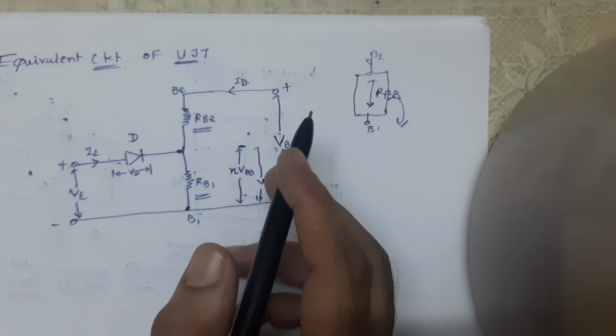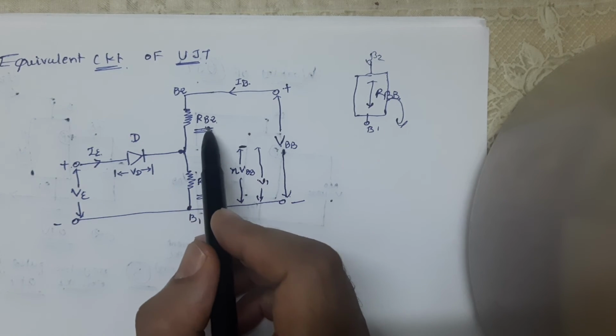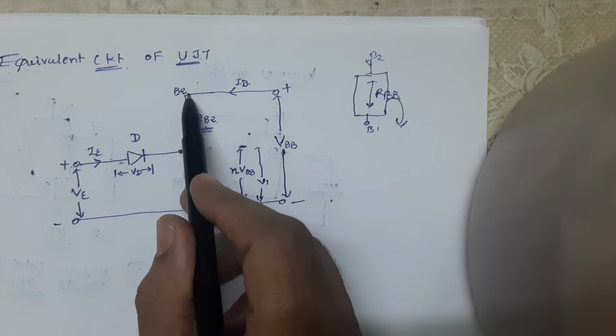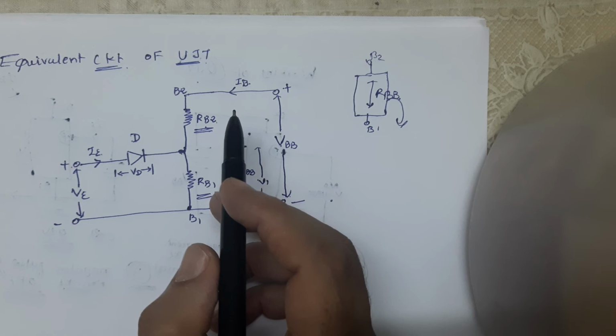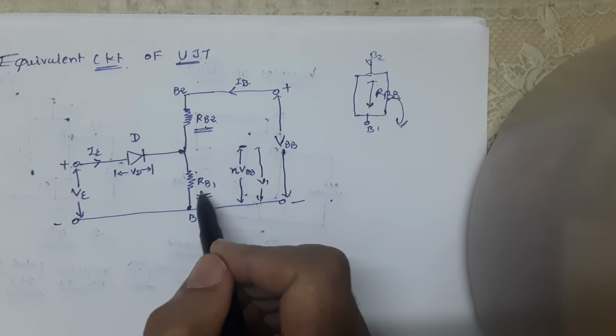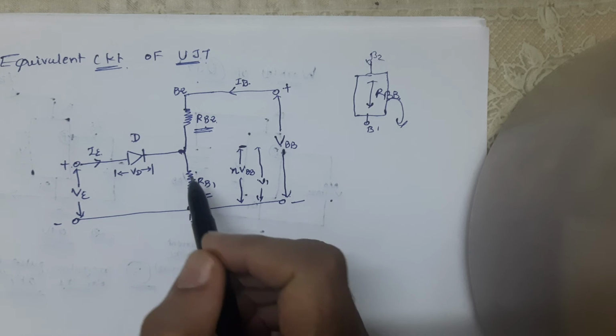RB2 is the resistance of the silicon bar between B2 and the point at which the emitter junction lies. RB1 is the resistance of the bar between B1 and the emitter junction.